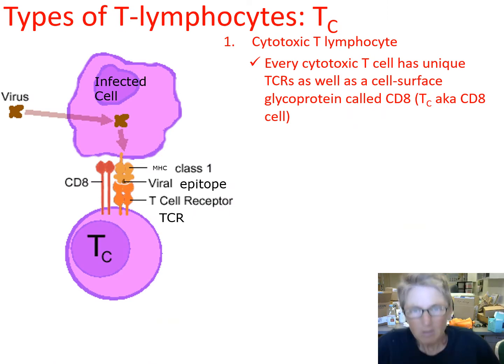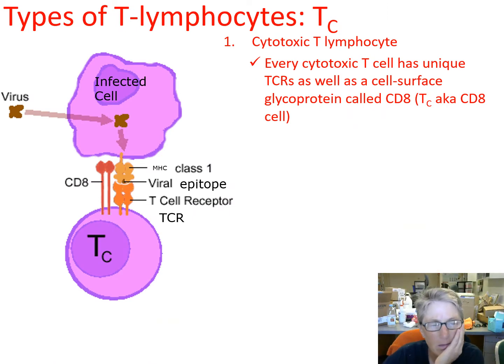All right, so let's look at this in a little more detail. Here is an infected cell. So this is any cell of your body. Check it out. Here came coronavirus, for example. Coronavirus came in, and it doesn't show in this cartoon, but there's a whole bunch of molecular biology that we'll look at later that will chop up this virus into little pieces.